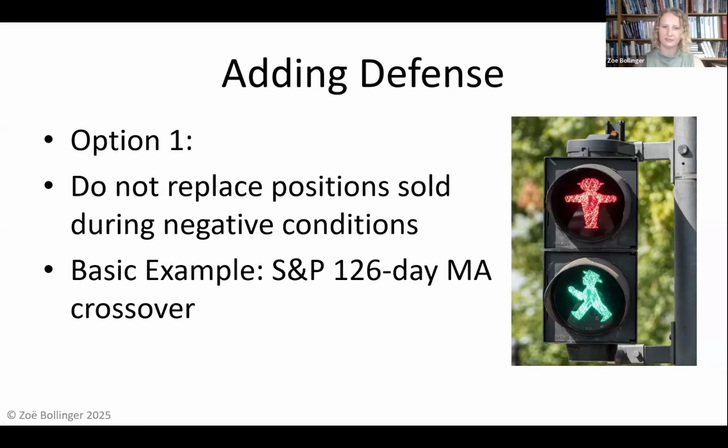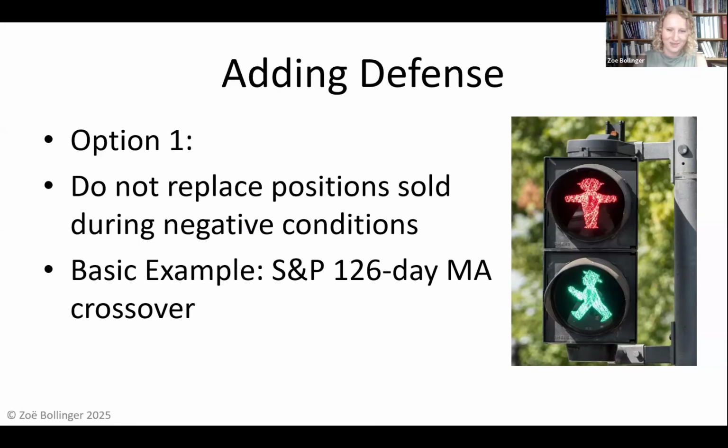So I picked the simplest of all metrics for not a good time here, and just used: if the S&P is above its 126-day moving average, times are good. If we sell something, we replace it and off we go. If the S&P is below that 6-month moving average, let's wait and see, and not dive back into the next stock that's just going to roll over and the next stock that's just going to roll over.